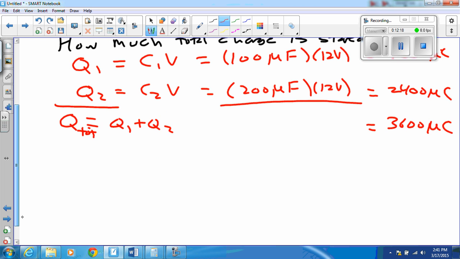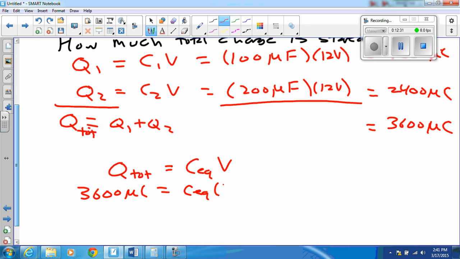Okay. So to do that, it has to store the same charge. In other words, Q total has to equal CEQ times V. I already know the Q total, which is 3600 microcoulombs, and I know the voltage, of course, which is 12 volts.